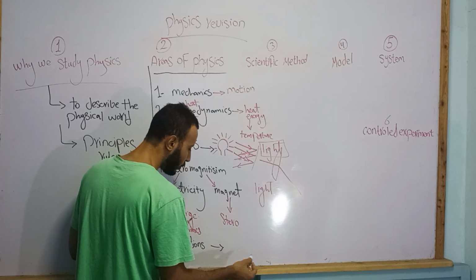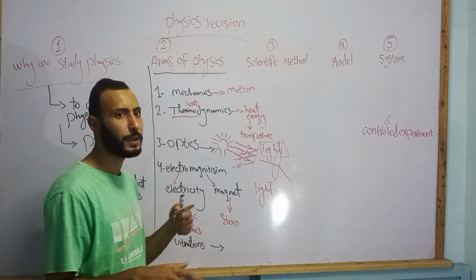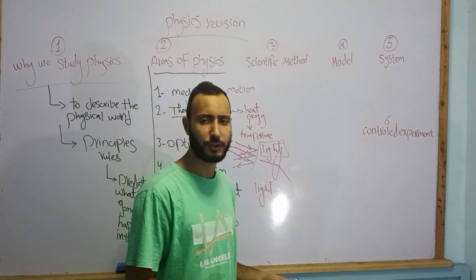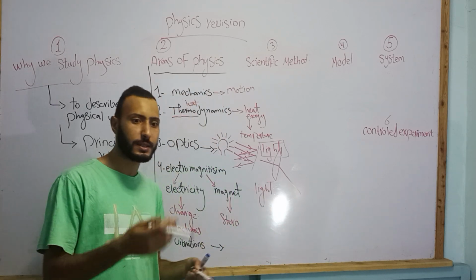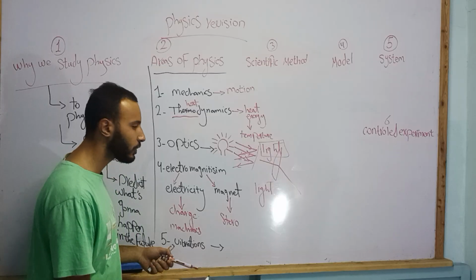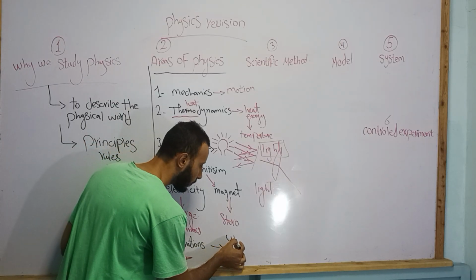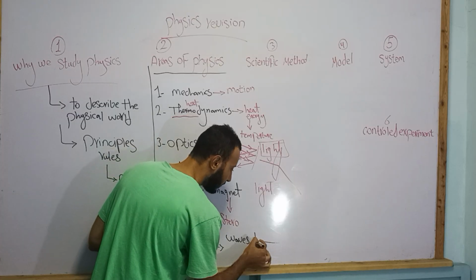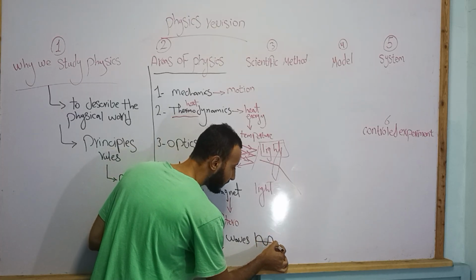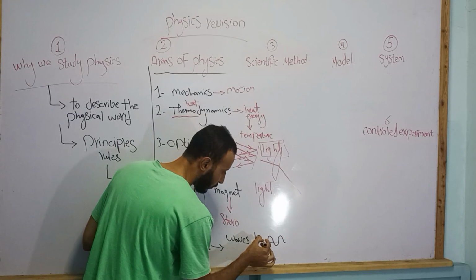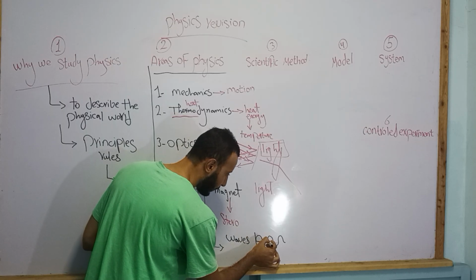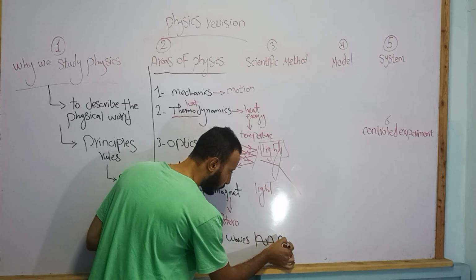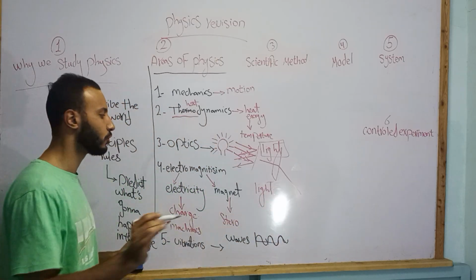Any motion, but this motion can repeat in equal periods of time, or even if it's not in equal periods of time, this repeated motion, like the motion of what? Waves. You will find any wave like this repeats its motion. So the first wave is here, then it starts to repeat its motion again here in the second wave, and then the third wave, repeating its motion.